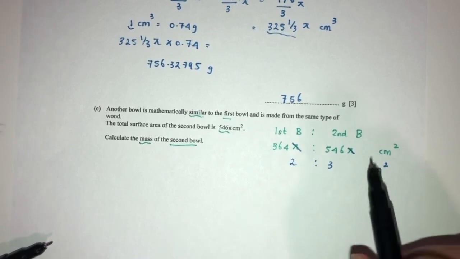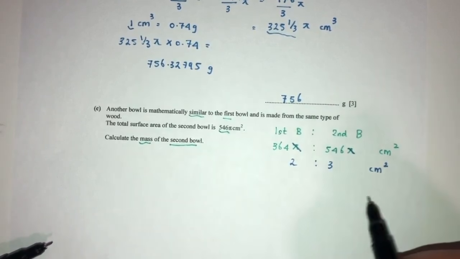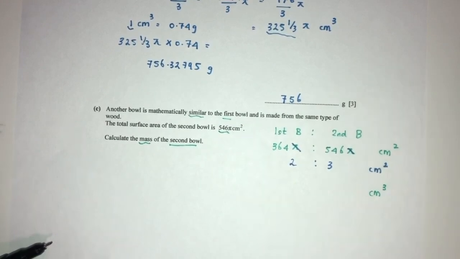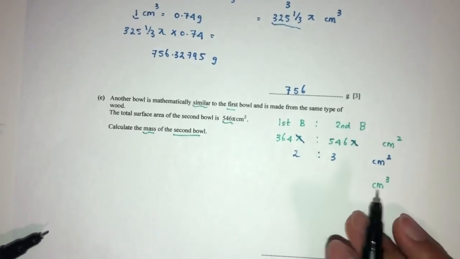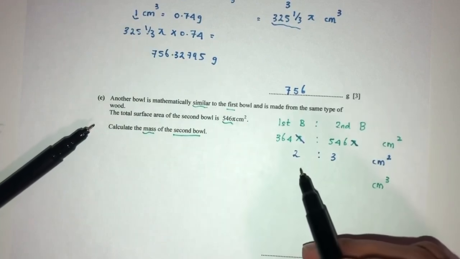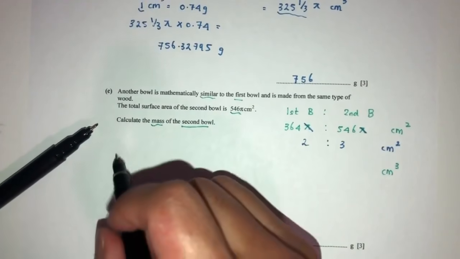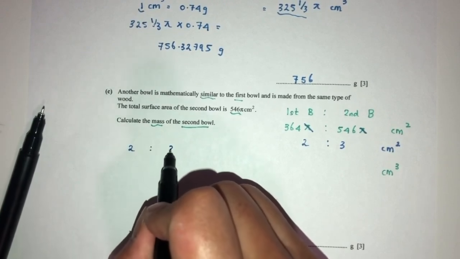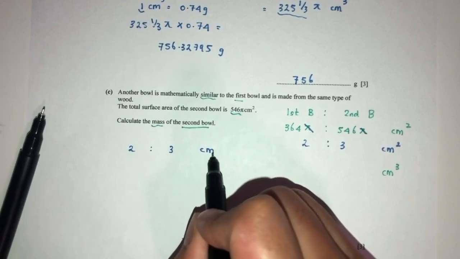So, for the mass, we are dealing with volume. Volume is centimeters cube, right? How can you change square to cube? So, usually we can change this down. For example, we can change this back to, so let's say we have 2, 3. That is in terms of centimeters square.